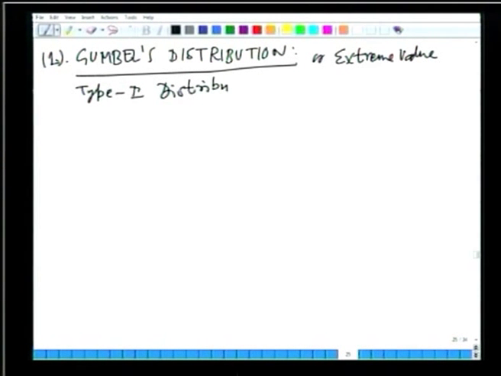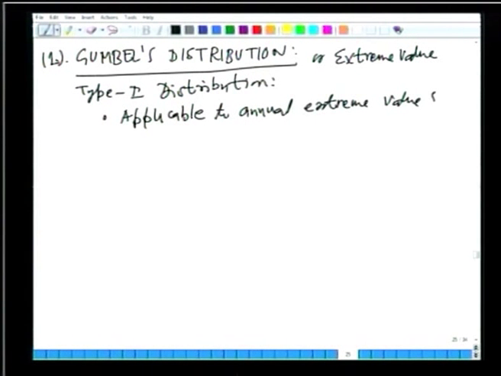As the name suggests, it is applicable or useful for extreme values. It is applicable to annual extreme value series. I am writing annual here, but it does not have to be, but mostly these are the annual extreme events we apply it to.